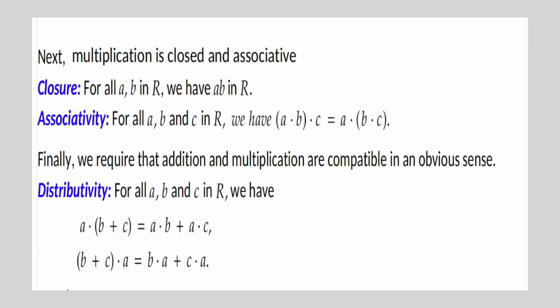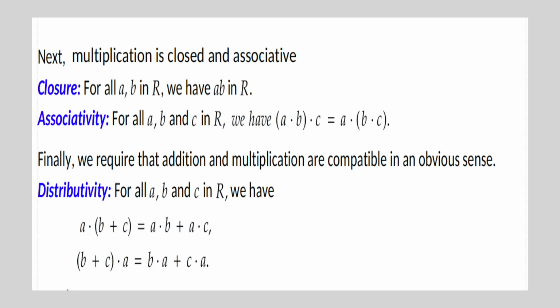Closure. For all a, b in R, we have ab in R. Associativity. For all a, b and c in R, we have (a · b) · c = a · (b · c). Finally, we require that addition and multiplication are compatible in an obvious sense.